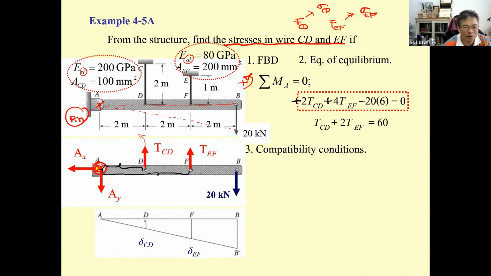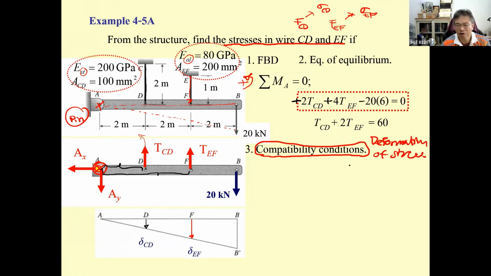Here there is the deformation of cable CD, and the other one is the deformation of cable EF. We can find the relationship between them. The compatibility condition always comes from the deformation. You must use the deformation of the structure to determine it.